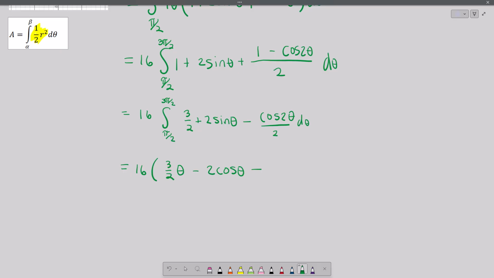The angle is not just theta, it's 2 theta, so we'll have to do a division by 2 to do the reverse chain rule. So we're going to integrate the outside function, integrate cosine, and get sine. So we'll have sine of the same angle. And then we have to divide by 2 for a reverse chain rule, which is going to give us a 4 down in the denominator. And then we have our limits of integration, pi divided by 2 up to 3 pi divided by 2.